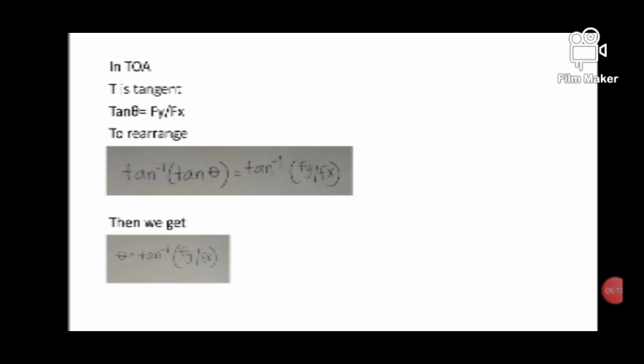So we have arctangent times tangent theta is equal to arctangent times fy over fx. And then we get theta is equal to arctangent of fy divided by fx.